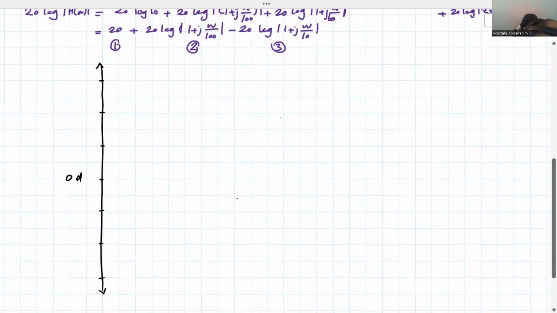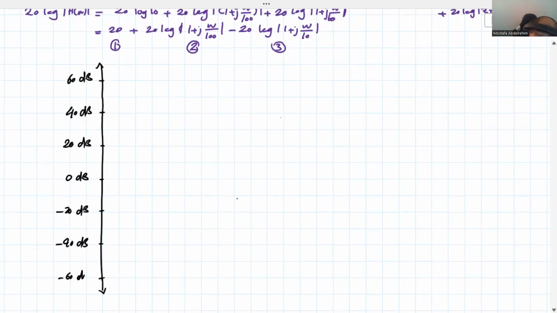So this is 0 decibels, 20 decibels, 40 decibels, 60 decibels, minus 20 dB, minus 40 dB, minus 60 dB.